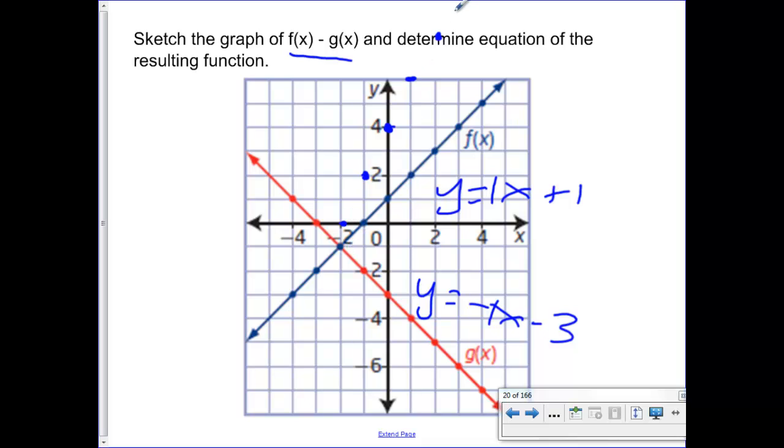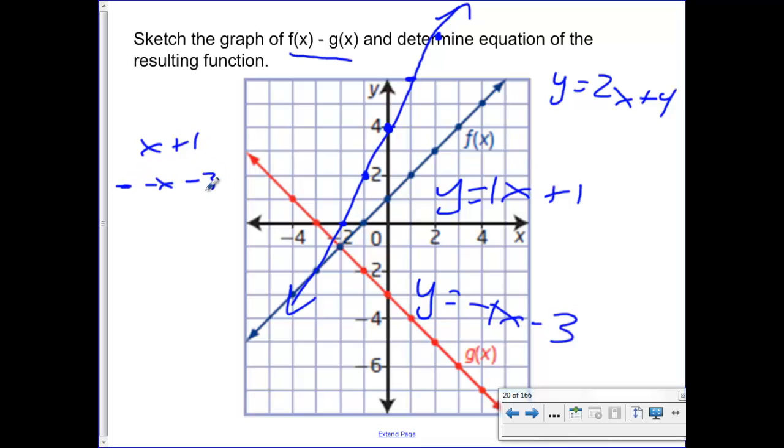Okay, so I'm getting a line out of this again, aren't I? So again, back to practicing our linear lines. What's the slope of this line? Yeah, and our y-intercept? Now let's prove that by taking these two equations and subtracting them. So I'll just put them on top of each other. X plus 1, and we're going to subtract -x minus 3.